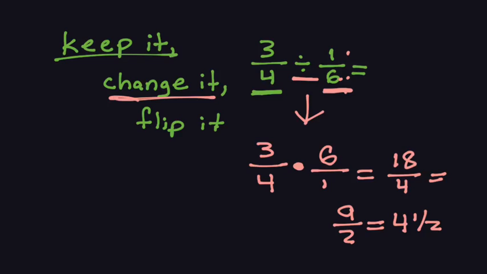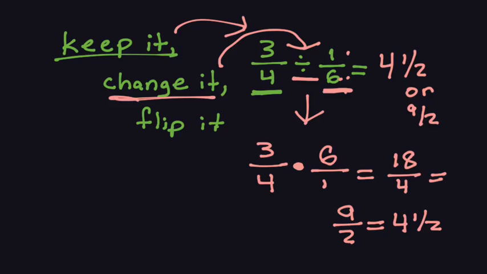So that's our answer. 3/4 divided by 1/6 is 4 1/2 or 9/2. And that is how you divide a fraction. You keep the first fraction, change the division sign into a multiplication sign, and you flip the second fraction.